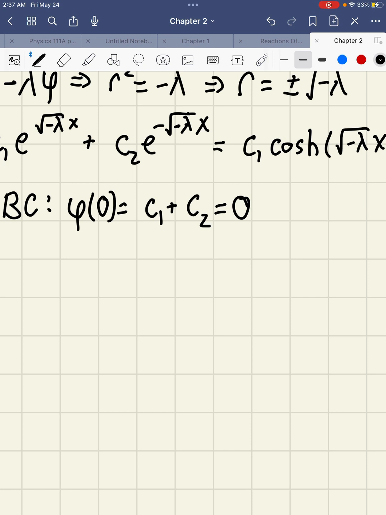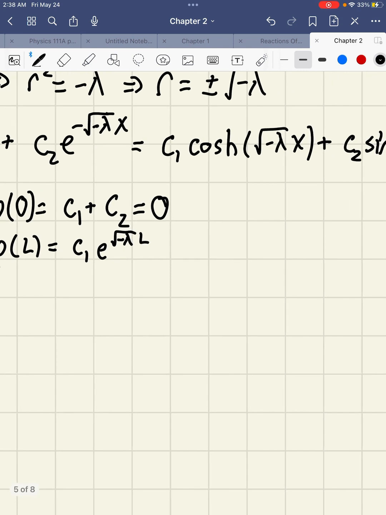Now let's look at the second one. Phi of L is equal to C1 times e to the square root of negative lambda L plus C2 e to the negative square root of negative lambda L.